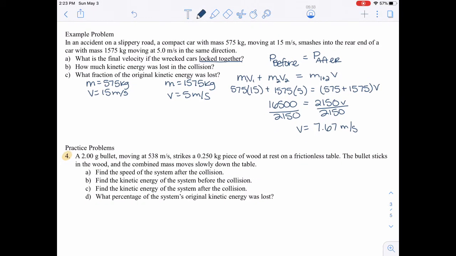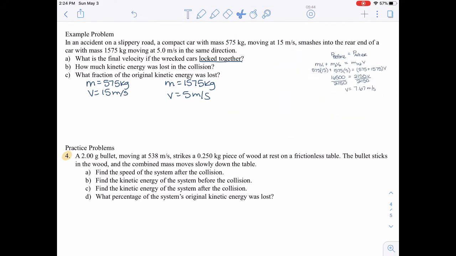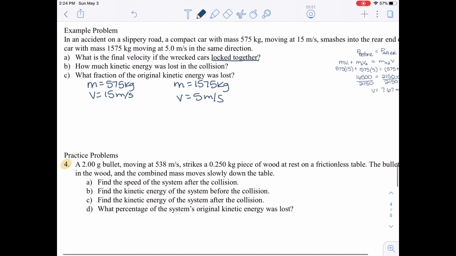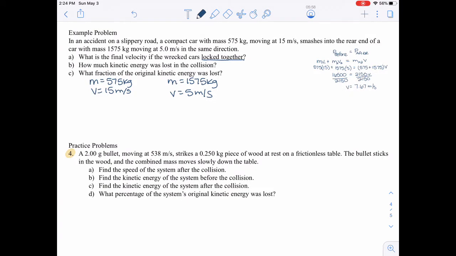Question B, how much kinetic energy was lost in the collision? Okay, I need some more space. How much kinetic energy was lost in the collision? So I'm going to calculate the amount of kinetic energy that we started with, and then the amount of kinetic energy we had at the end.